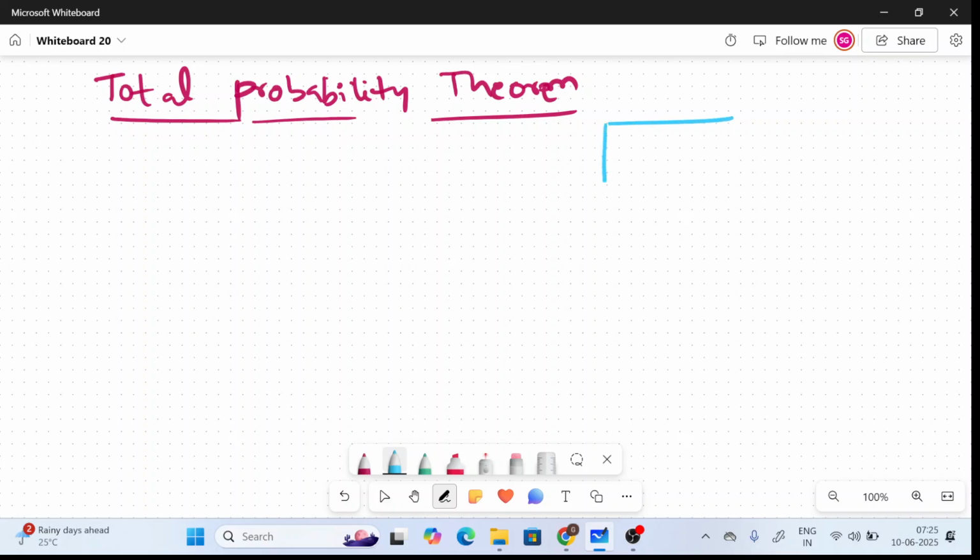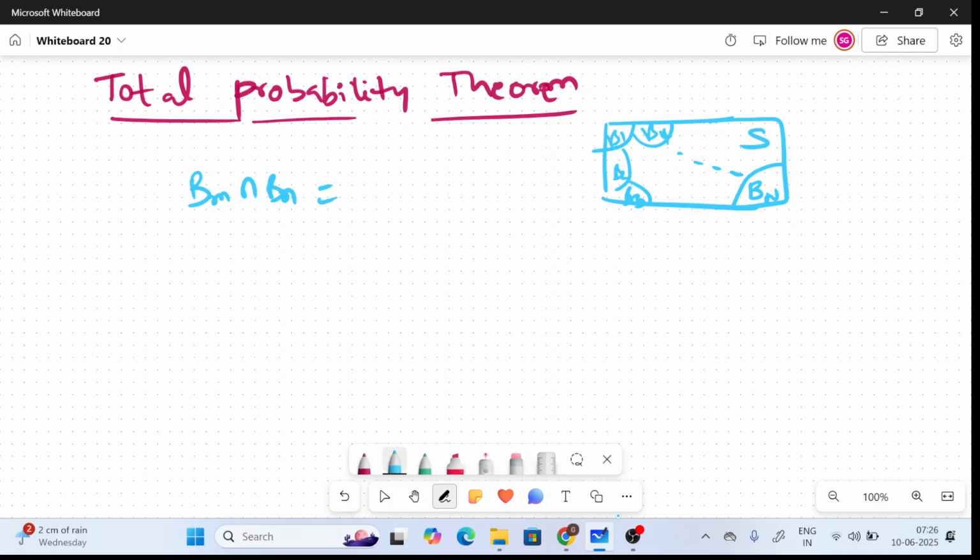On a sample space, if we have B1, B2, B3, B4, and so on, if there are Bn events that are mutually exclusive, all these are mutually exclusive such that Bm intersecting Bn is equal to phi, where m is not equal to n.